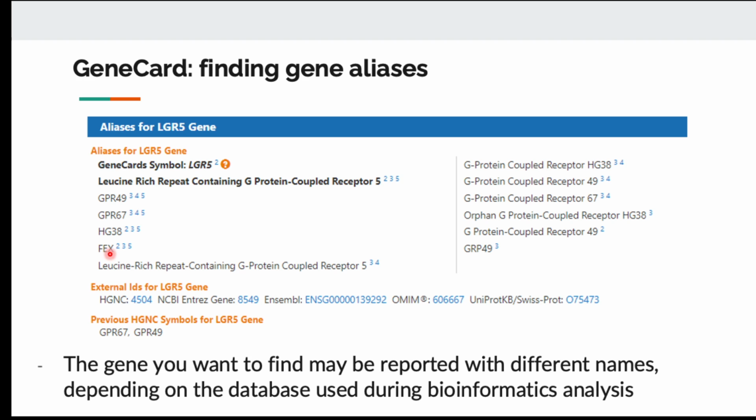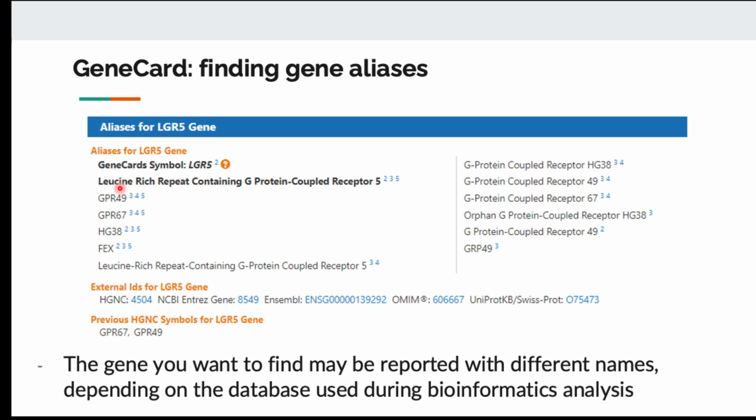The reason is that when we use a gene symbol like LGR5, the reason we are familiar with this system is that gene symbols are usually an acronym for the function or for the knowledge that we have about the gene. So LGR5 is called LGR5 because it's a leucine-rich repeat-containing G protein-coupled receptor.